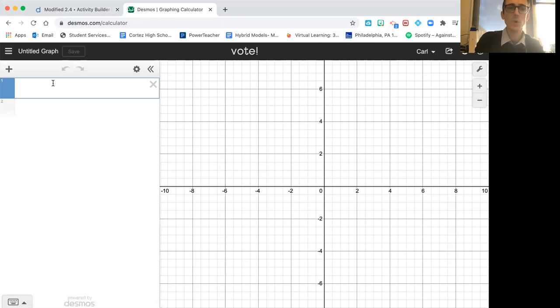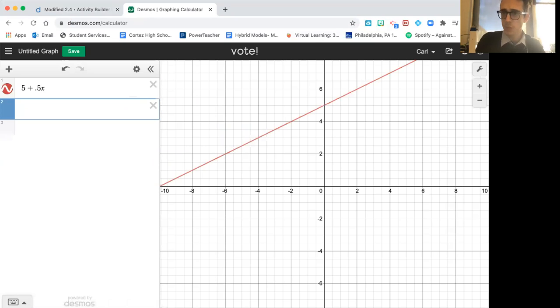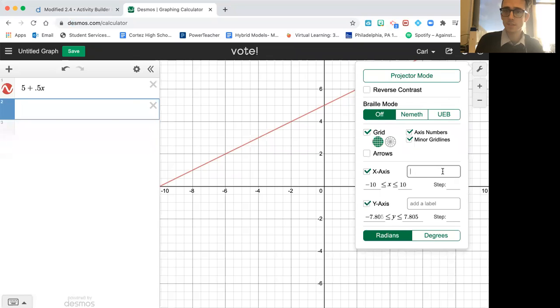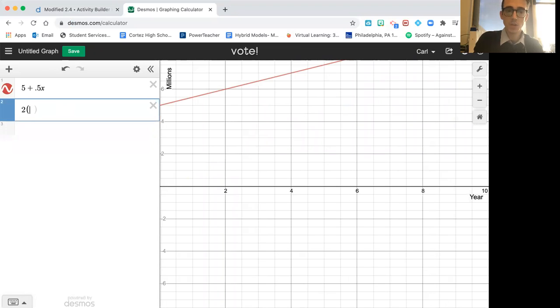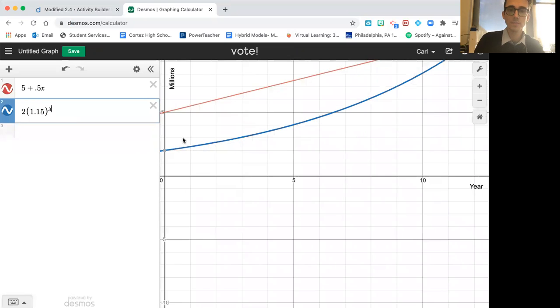We can do that. So our one equation was 5 plus 0.5x. And then, of course, let's assume we're talking millions here for the y-axis. And then this is the year. Let's have this go from 0 to 10. Let's have this as the 2 times 1.15 to the x power.